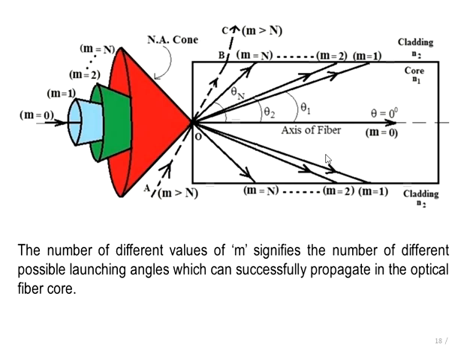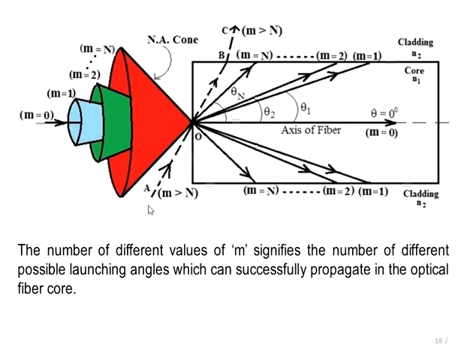When m equal to 0, I will get one particular angle. When m equal to 1, I will get another angle, and m equal to 2, another angle, up to m equal to n. Definitely, the ray must strike within the acceptance cone or numerical aperture cone. Any ray which strikes outside this cone will not propagate through the fiber.